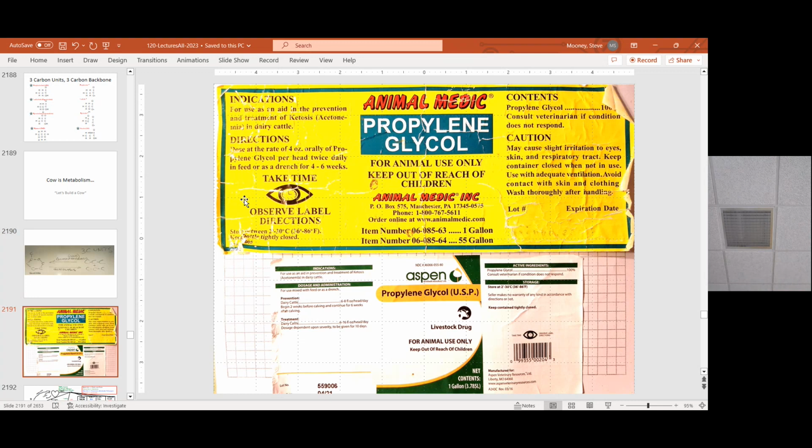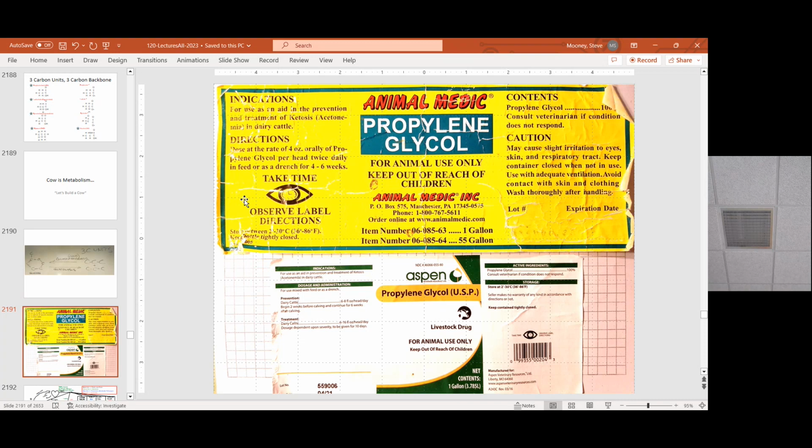So why do we give propylene glycol to animals with ketosis? Anybody done this? Drench, IV. Propylene glycol is a 3 carbon unit. The cow can use that glycol to make sugar.